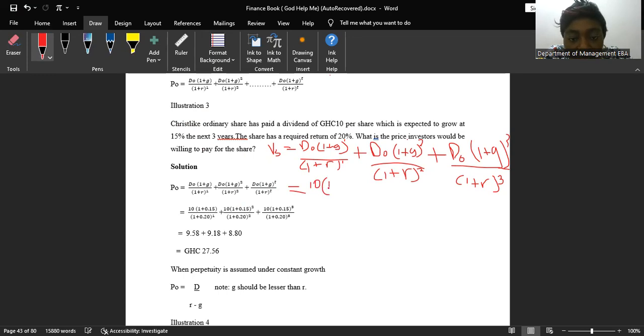That will be 1 plus 0.15, raised to the power 1. You can assign it to make it 1 to the power, all over 1 plus the rate that was given. What? Rate of return is 20%, 0.20.